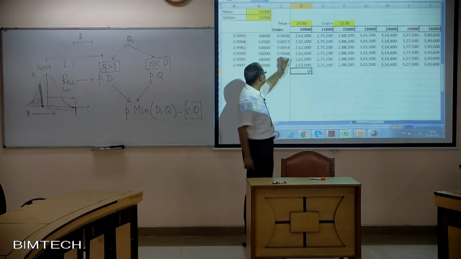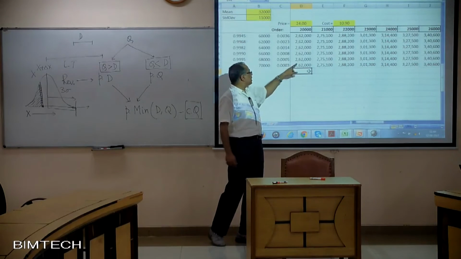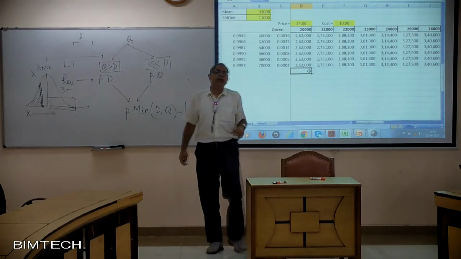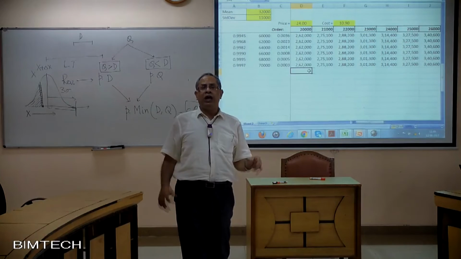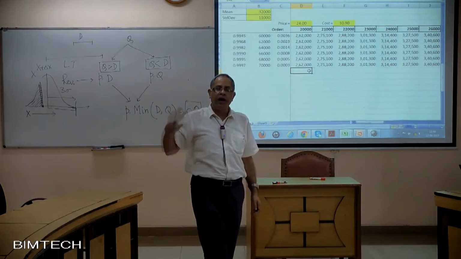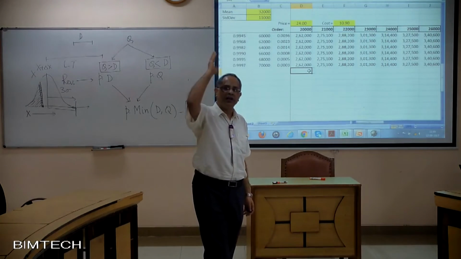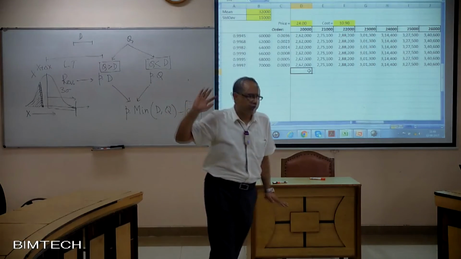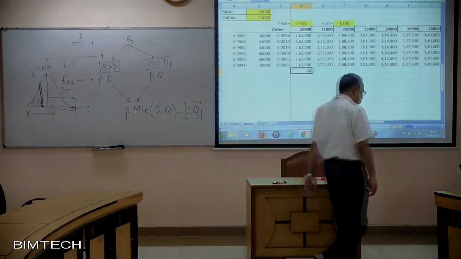Remember, the profit figure came from the demand figure, and the demand has a certain probability, and therefore each of the profit figures has got the respective probability of occurrence, and I want to find out the expected profit for the entire range of demand. All I need to do is multiply each profit with the respective probability and sum. Okay, so that is going to give me the expected profit for that quantity Q.